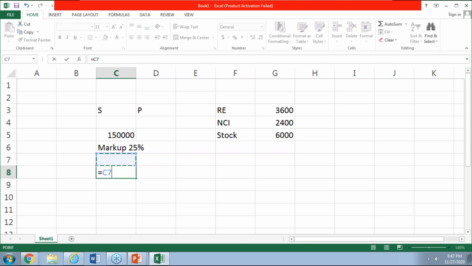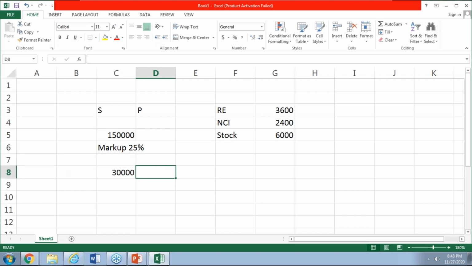So we have calculated the profit element from this 1,50,000 by dividing this amount by 125 and multiplying it by 25. So it is actually 30,000, the amount of the profit the company has made out of this sale transaction of 150.